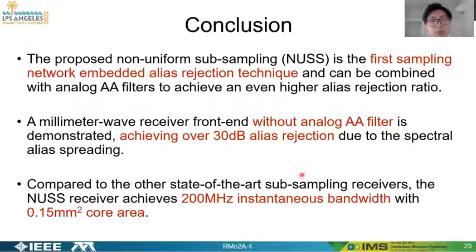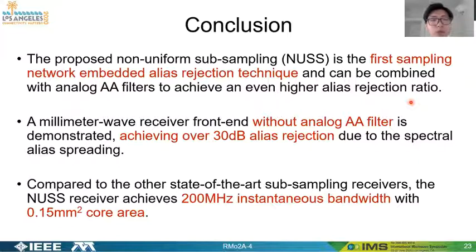Here comes the conclusion. The proposed non-uniform subsampling is the first sampling network embedded alias rejection technique and can be combined with analog anti-aliasing filters to achieve an even higher alias rejection ratio.